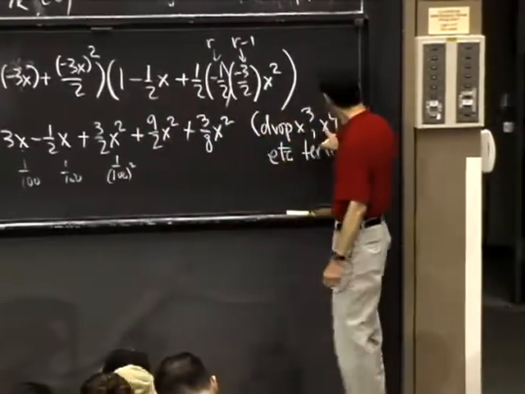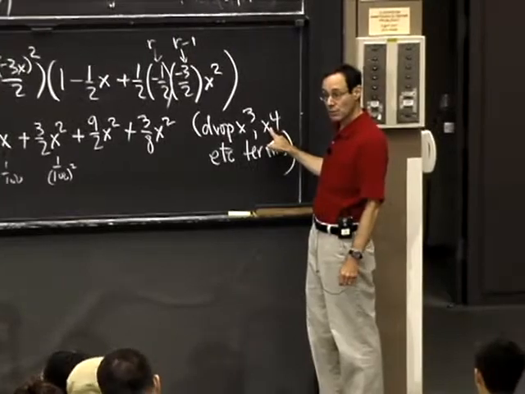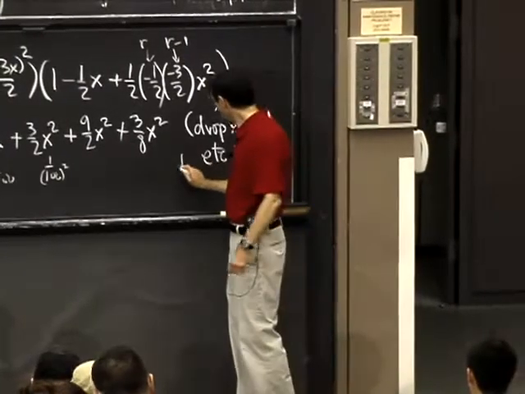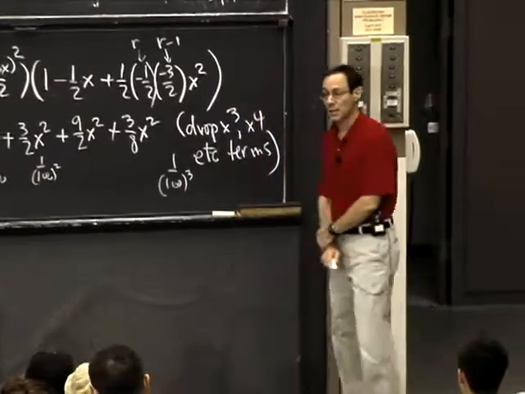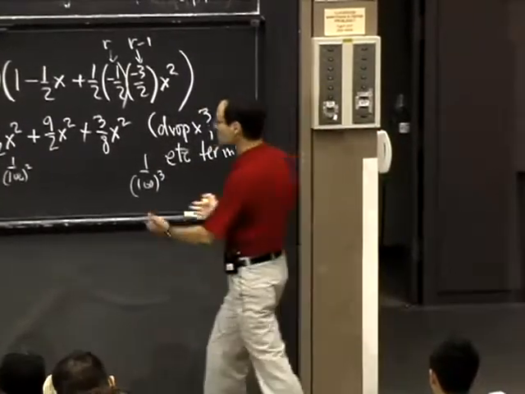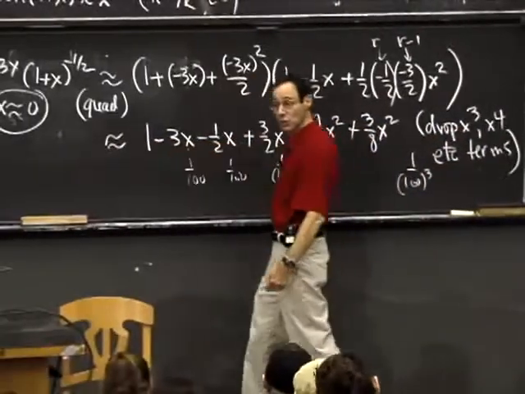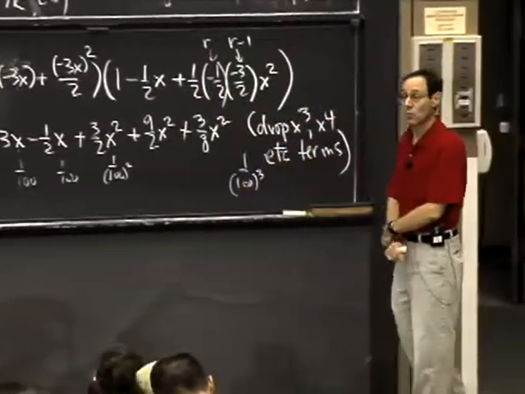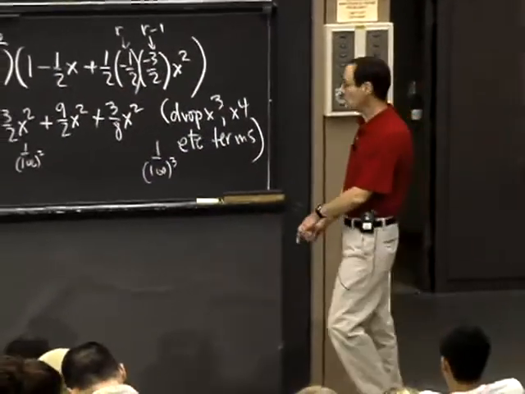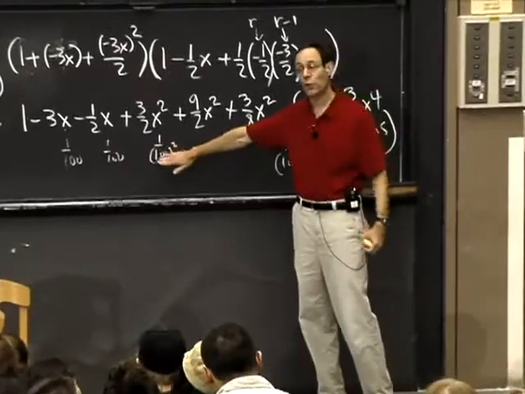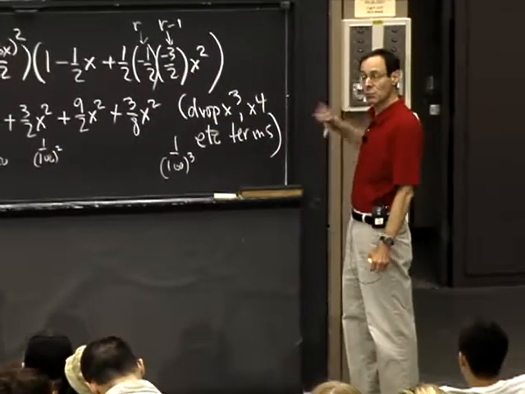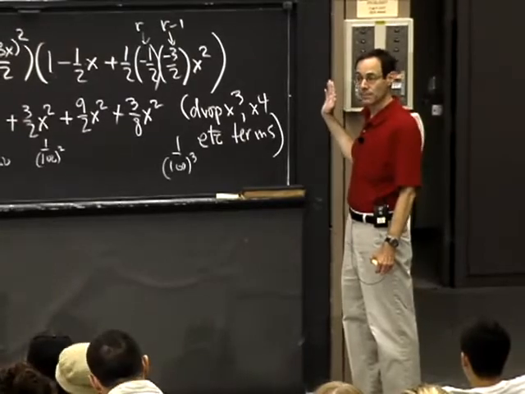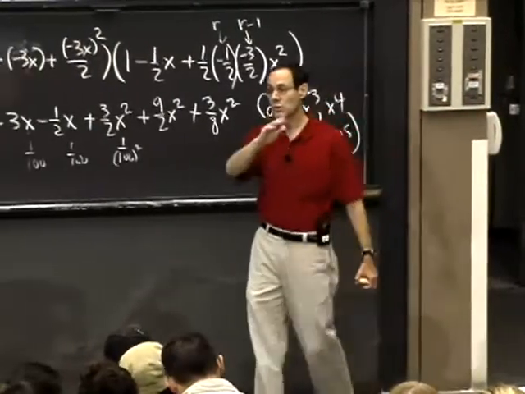Now, these cubic and quartic terms are of the order of 1/100th cubed. That's 10 to the minus 6th. And the point is that I'm not claiming that I have an exact answer, and I'm going to drop things of that order of magnitude. So I'm saving everything up to 4 decimal places. I'm throwing away things which are 6 decimal places out. Does that answer your question?